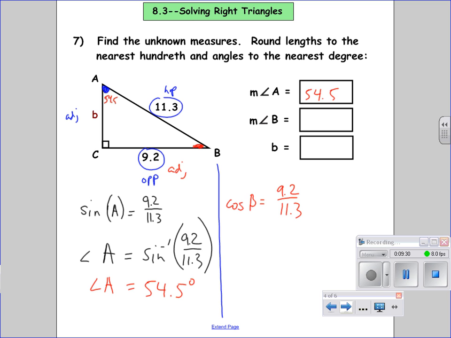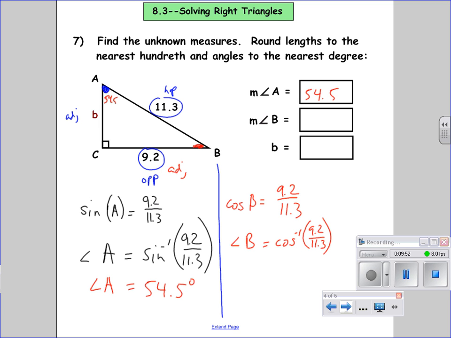Now we do the same thing. Angle B equals, so now you're talking about angle B, and you're saying, hey, Mr. Calculator, if my cosine ratio for angle B is 9.2 over 11.3, what is the actual angle measure?